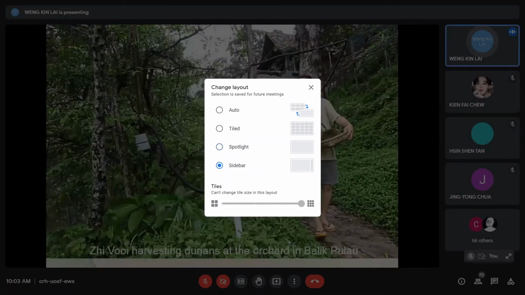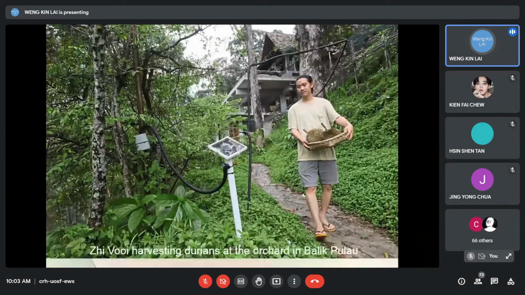Okay, now this one, as I promised you, is the one I talked about last week, basically an AI solution to monitor the dropping of the fruits of the durians, right? This is a picture taken from the newspaper.